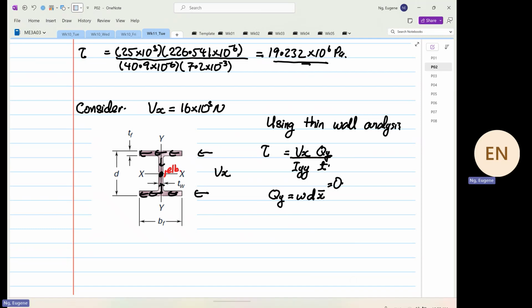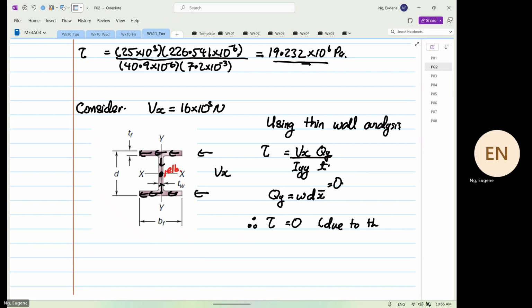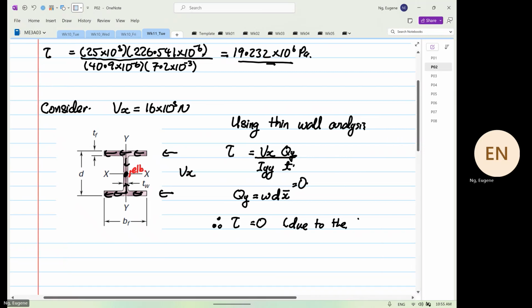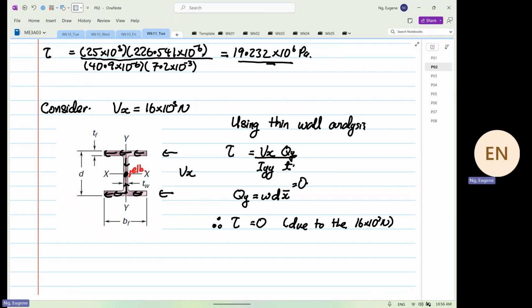So therefore, the shear is equal to 0, due to the 16 times 10 to the power 3 Newton. So we only have one shear stress of 19.232.